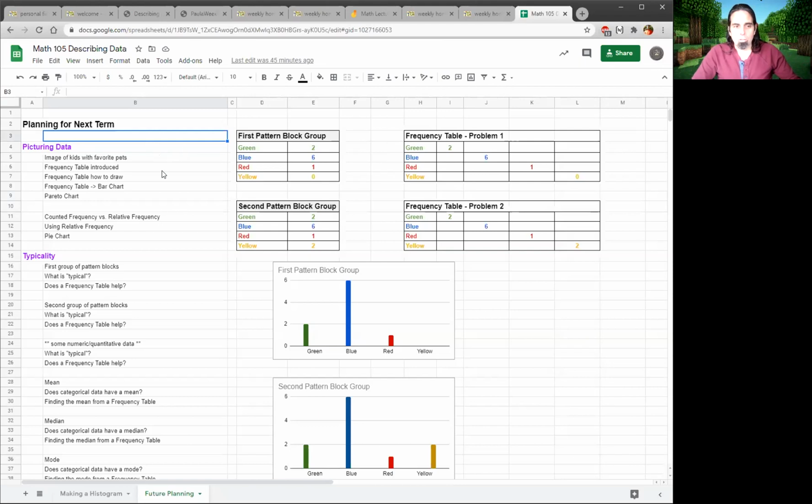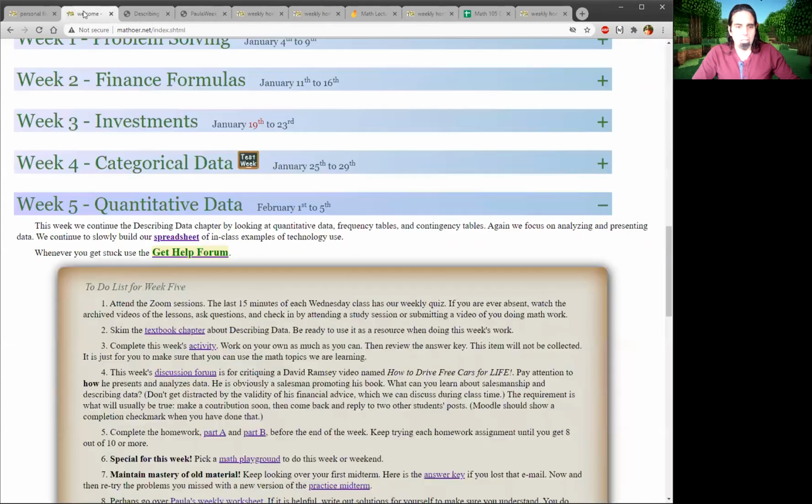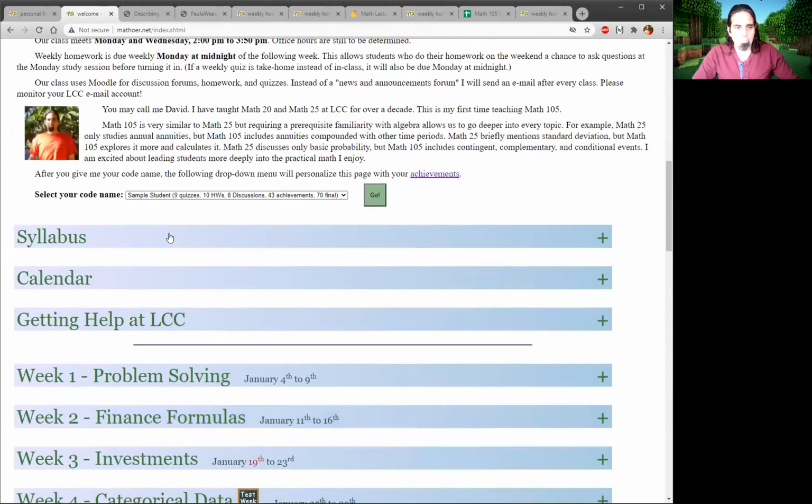So my idea is that first we'll talk about this, do our review. Then we'll talk about this assignment. After doing the review, it will seem like it will make a lot more sense. And then we'll talk about the syllabus stuff.